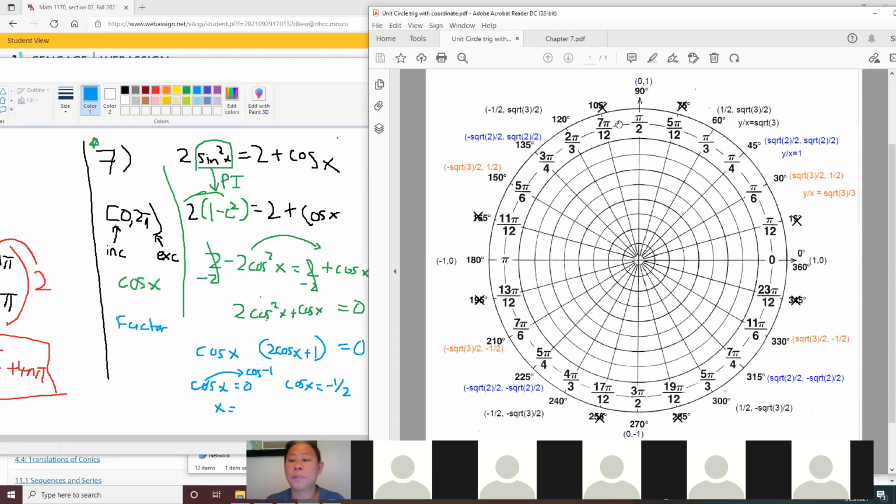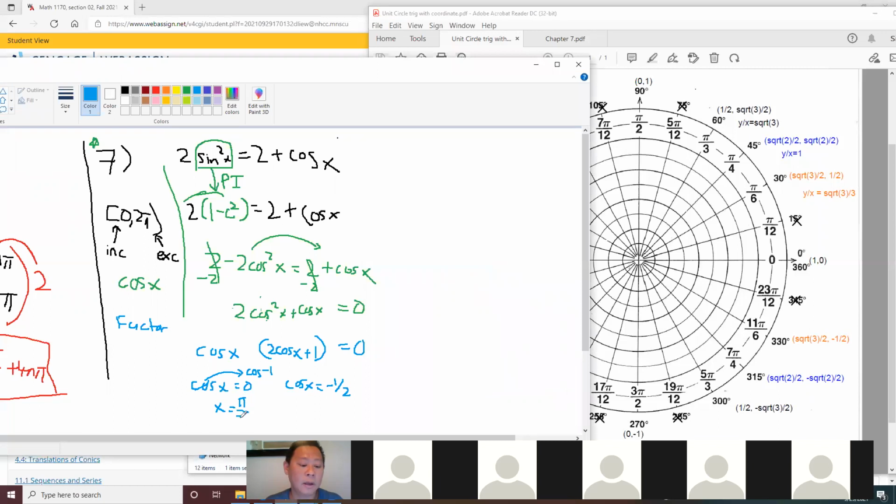Pi over 2. Pi over 2, and what else? Because x is 0, and what else? 3 pi over 2. 3 pi over 2, your x is 0. So this case will give us pi over 2 and 3 pi over 2. And you do not need to do the 2n pi here because this is for one circle. This one, if you move it over here, will become the arc cosine of negative 1/2.